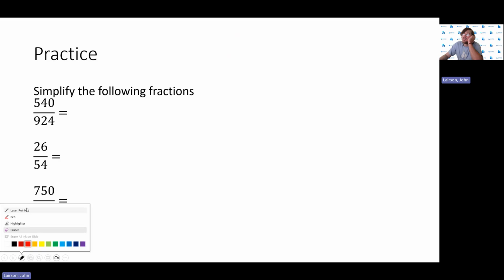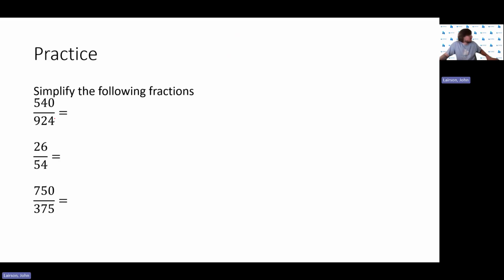So with 540 over 924, what I'm going to do is just find a common factor, a number that is a factor for both of them, right? And this is going to be following that idea that I'm going to divide by that same number. But the way I do it is find the common factor.